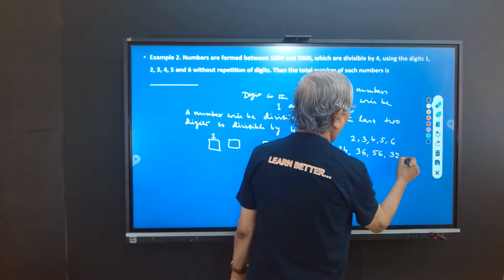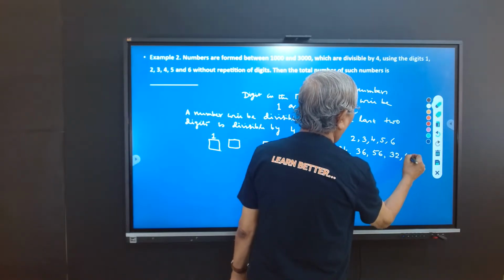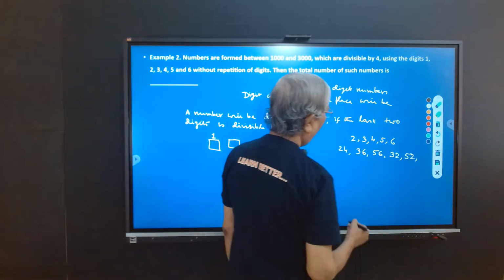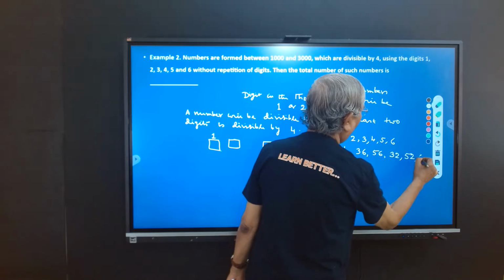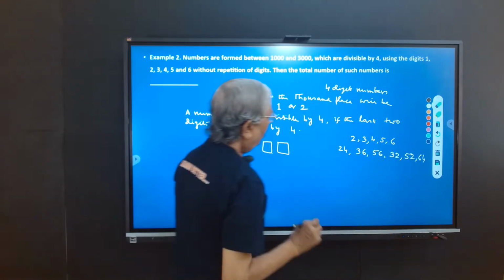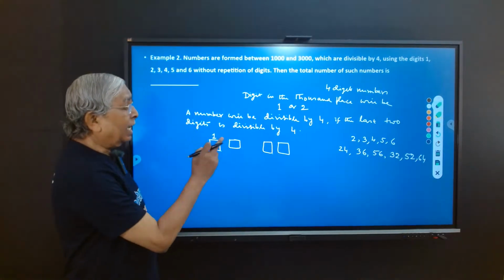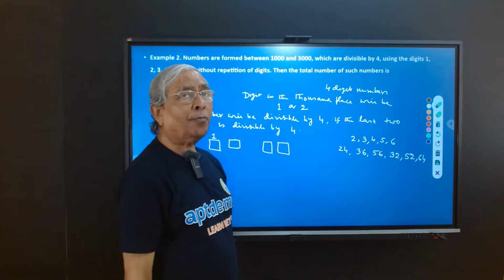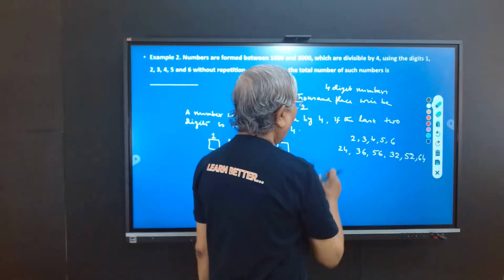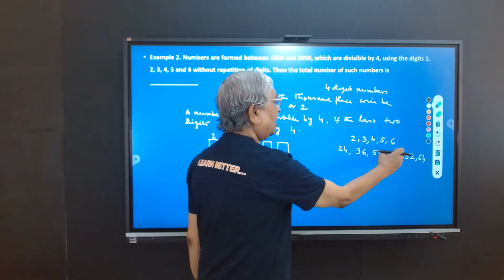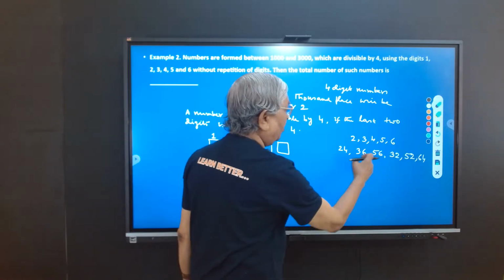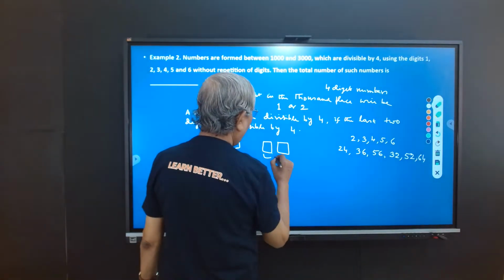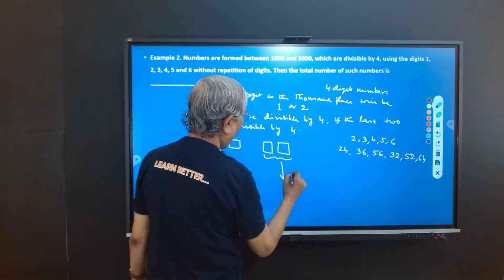Next, 52. Next, 64. How many numbers are there? The last two digits should be taken in such a way that they are divisible by 4. I have taken 24, 36, up to 64. These numbers are all divisible by 4. So how many numbers are there? Here, these are 6 numbers.